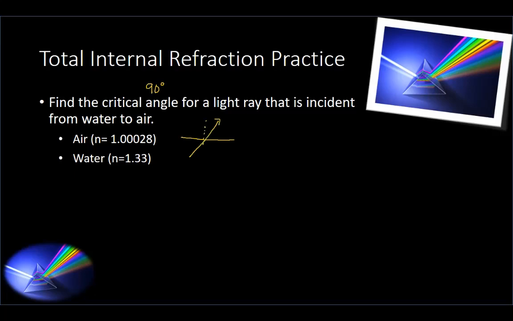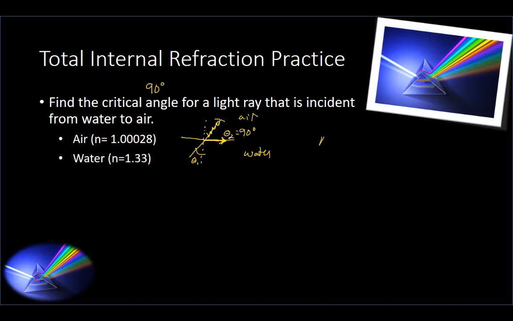Here is our normal. Okay, this is our incident, our theta 1. And this one, if we're going to look for a critical angle, isn't going to come out, but is actually going to end up going straight across. Okay, so coming out this way. And so that's going to be our theta 2, which is equal to 90 degrees. And we have from water into air.